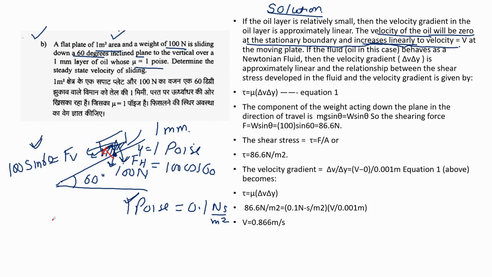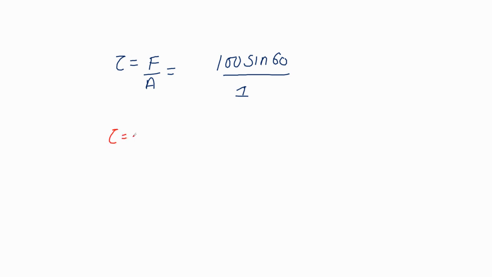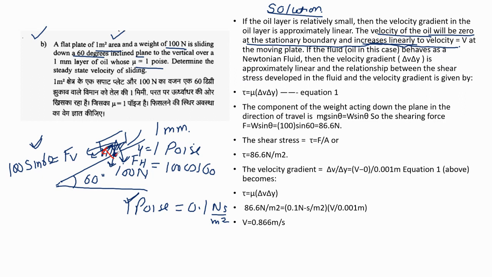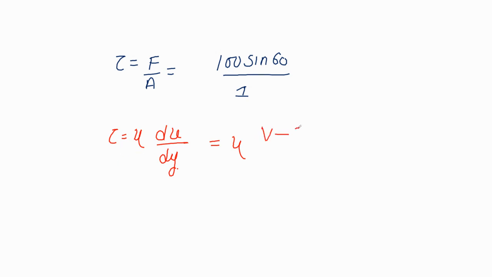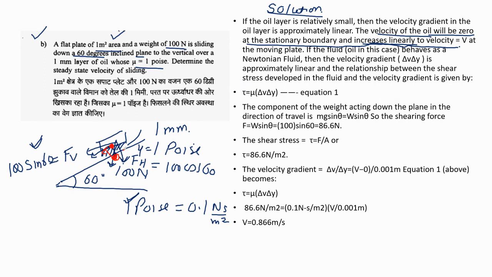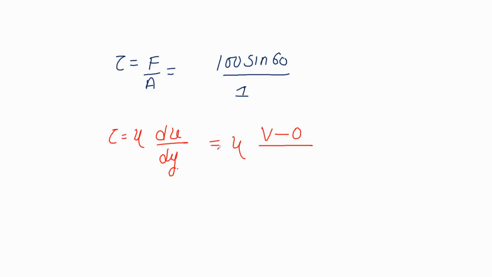From Newton's law of viscosity, tau is equal to mu du by dy, where du is the change in velocity. Velocity here is 0, and let us consider velocity here is v. So what is change in velocity? v minus 0. What is dy? dy is the thickness in this direction. It is 1 mm, so we write dy as 1 into 10 raised to power minus 3.